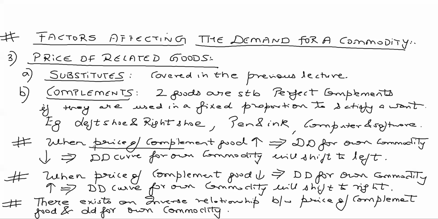When price of complement good goes up, demand for own commodity falls. When price of complement good falls, demand for own commodity goes up.